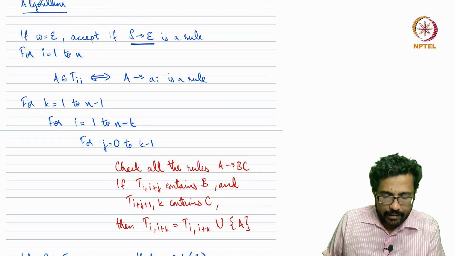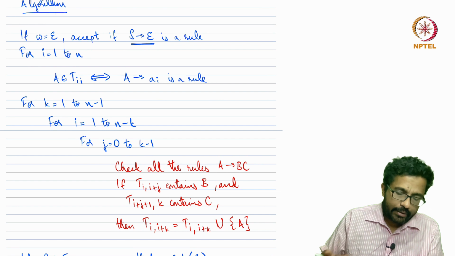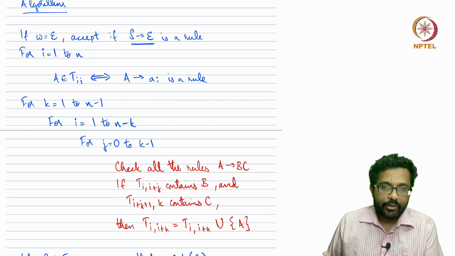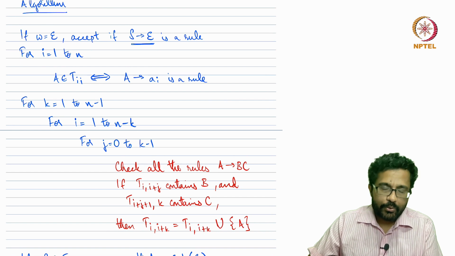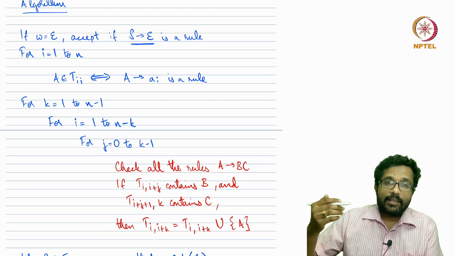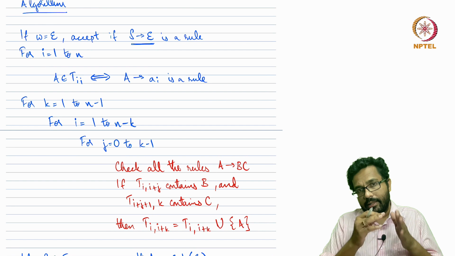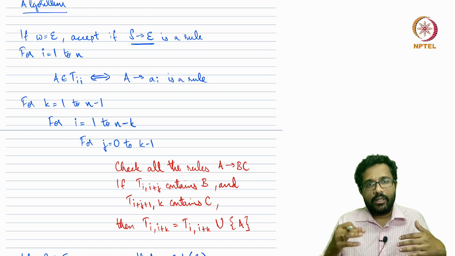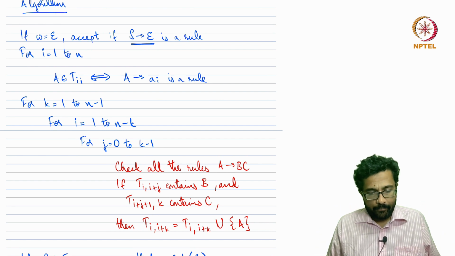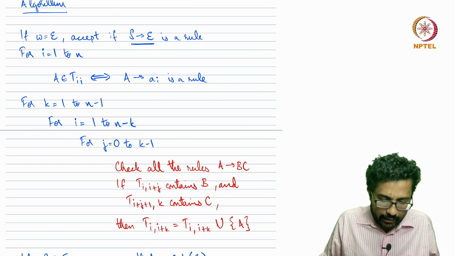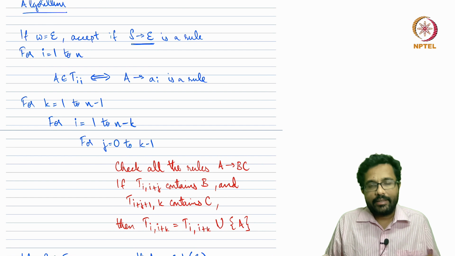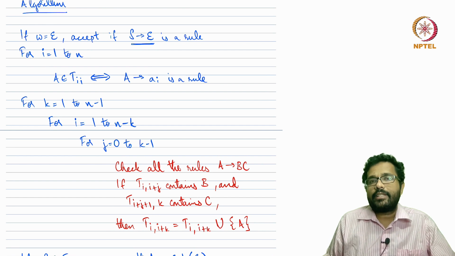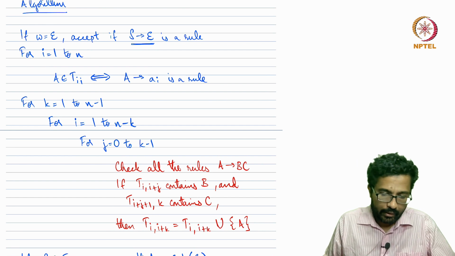If the string is not the empty string, basically we start building these sets. As I said before, we build these sets for the smaller length substrings, length 1 and so on, till length n. So first let us see how to build the sets T i i, which correspond to the substrings of length 1.